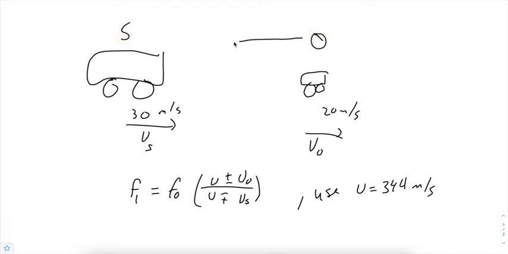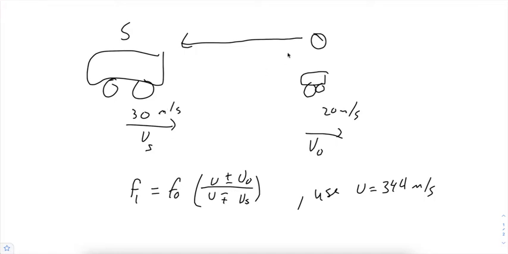Draw an arrow from listener toward source. Anything that we're moving in that direction, we would use a plus. So if either the observer or the source were moving from right to left, we would use the plus sign, either top or bottom. Anybody that's moving the opposite direction, we use their minus.